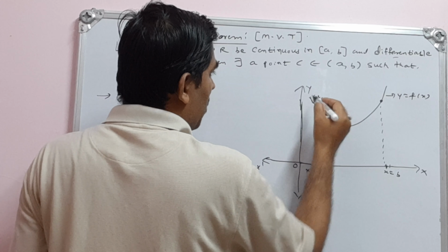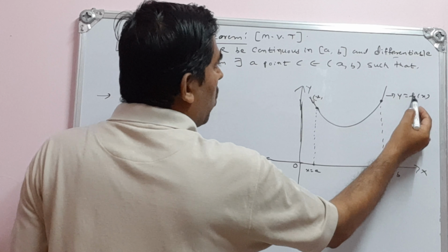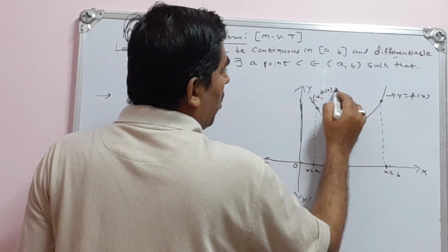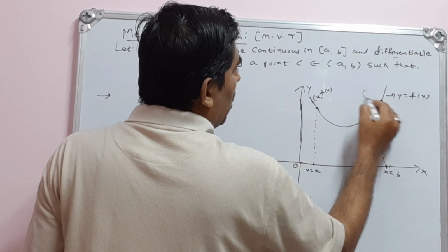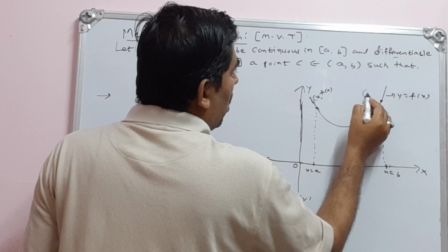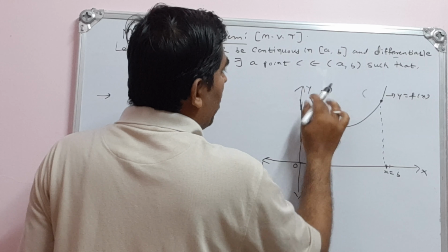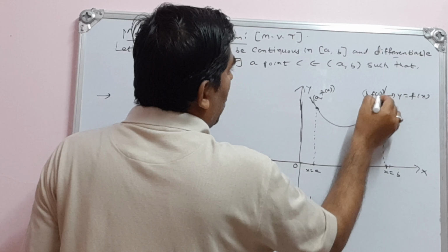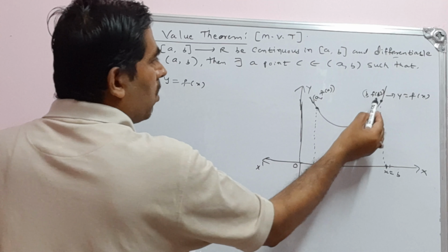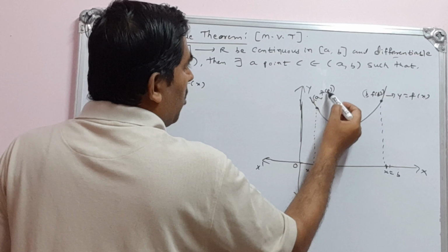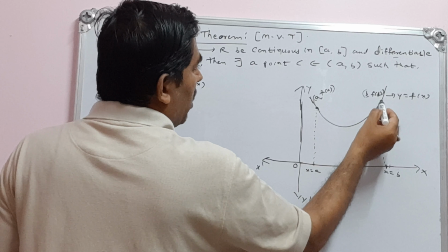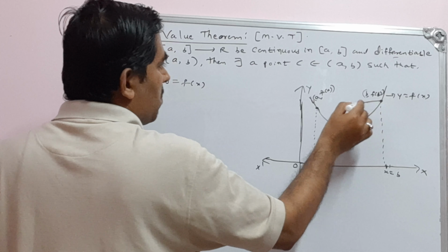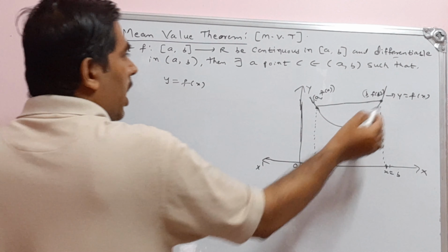As we did in Rolle's theorem, the x coordinate is x only, the y coordinate is f of x. So this is a comma f of a, where x is equal to a, and this is b comma f of b. If I join these points, I get this line.